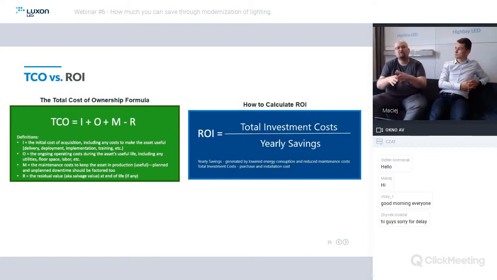You can have this automation, so the maintenance costs grow very little with the upgraded lighting.